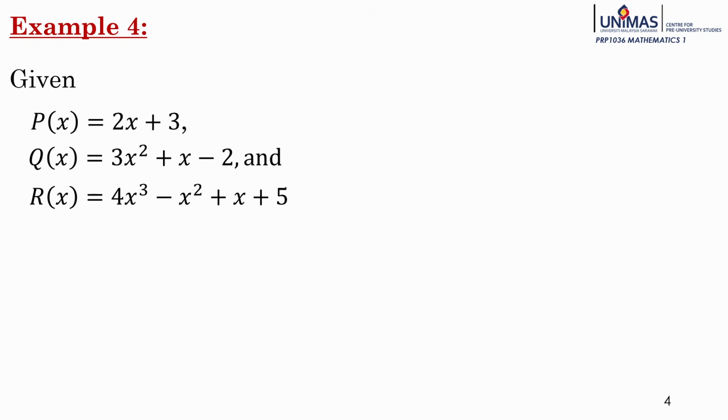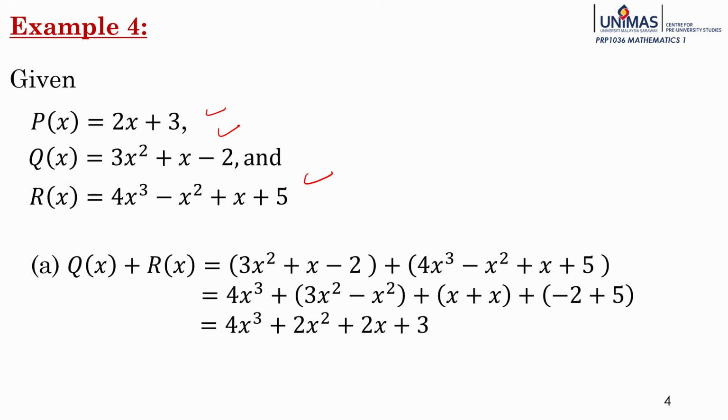See example 4. We have P, Q, and R. The first question is Q(x) plus R(x). Like the definition before, we just add the same like powers: x squared with x squared, x with x, and the constant with the constant. You try this one and you can get this answer.